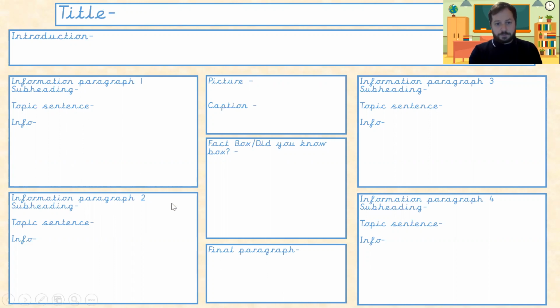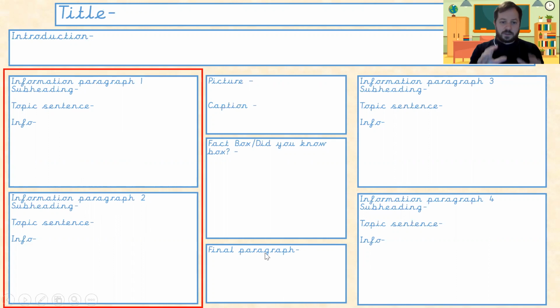And you can see what you're going to do today is you're going to focus on these two boxes, the first two information paragraphs. Don't worry about anything else yet. And what I'll do is I'll put this onto our Teams group so that you can download it and print it off if you want to.